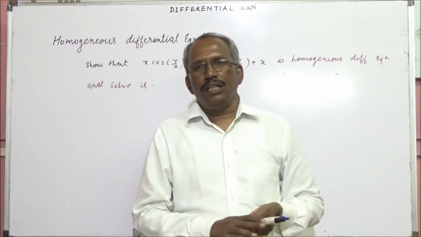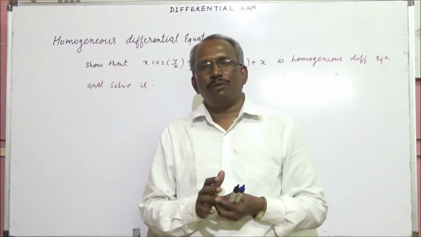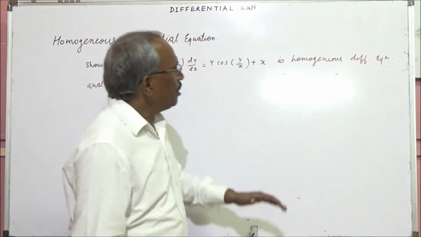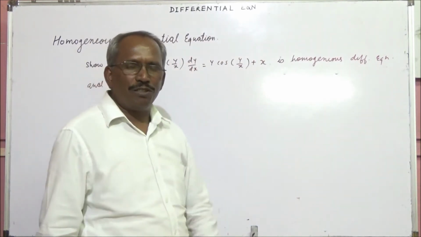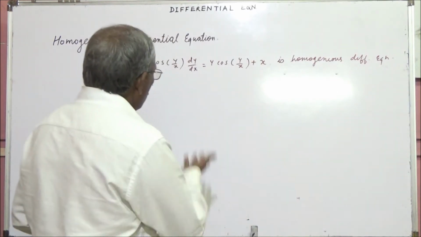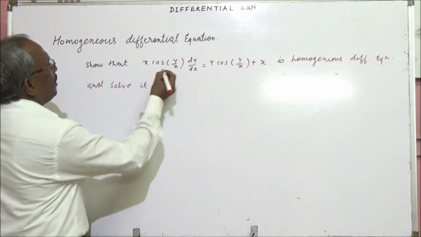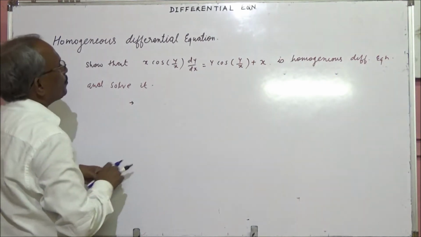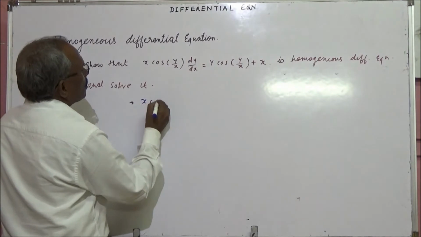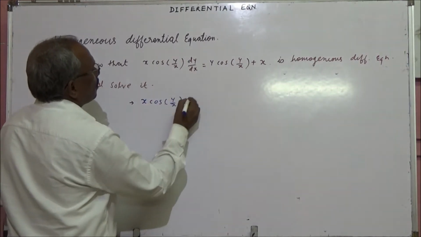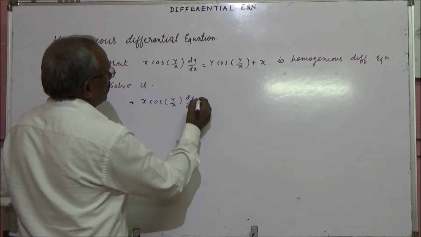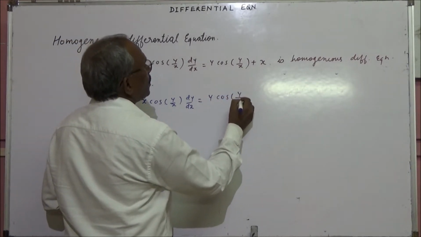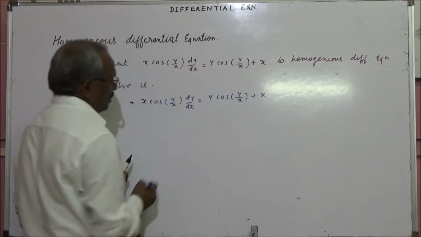It will not be given that this is a homogeneous differential equation and solve this. Here the question is: prove that this is a homogeneous differential equation. So let us see here, we'll write first this can be written as x cos y by x dy by dx is equal to y into cos of y by x plus x.